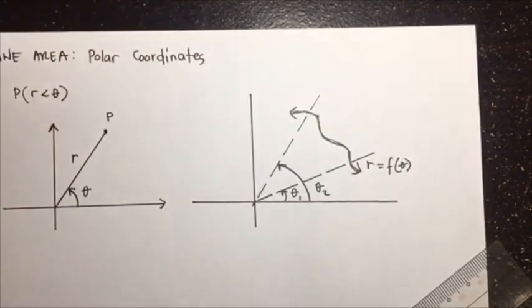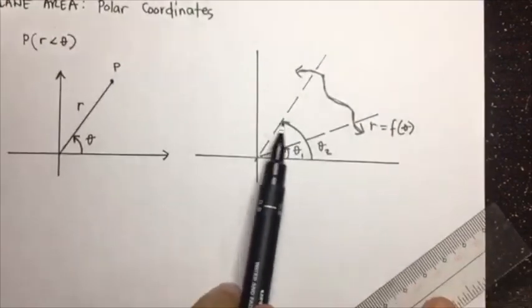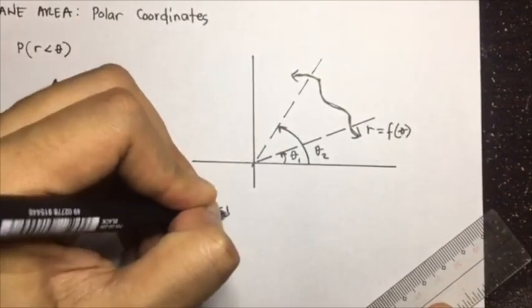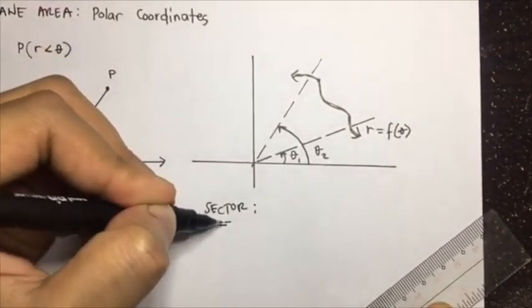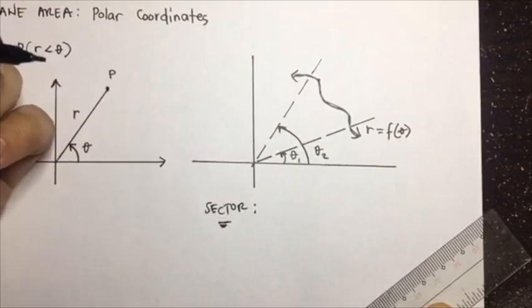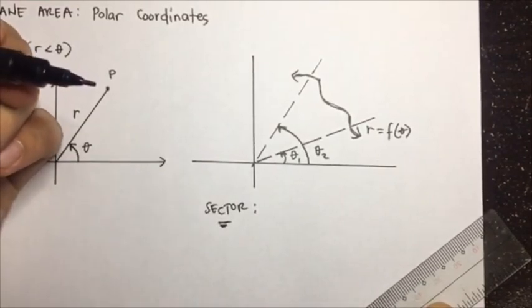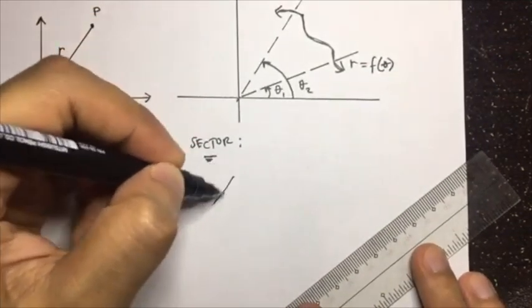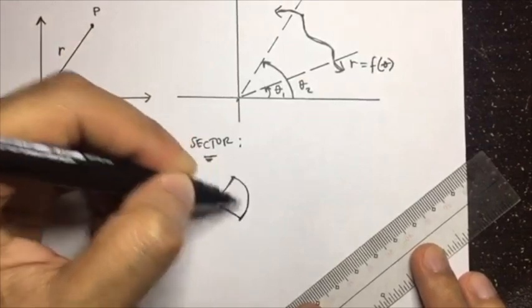So in evaluating the area of this, we will base it on the area of a sector. To review, what is a sector? A sector is a portion of a circle. Say for example we have something which looks like this. This is a sector.